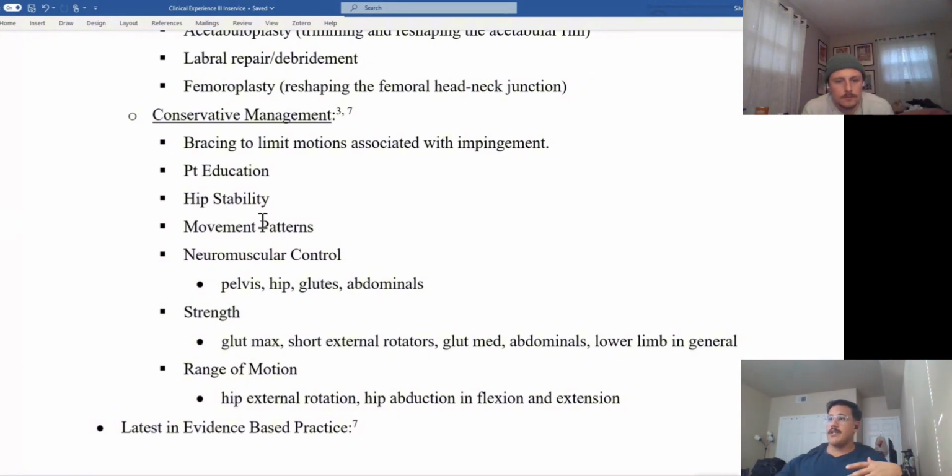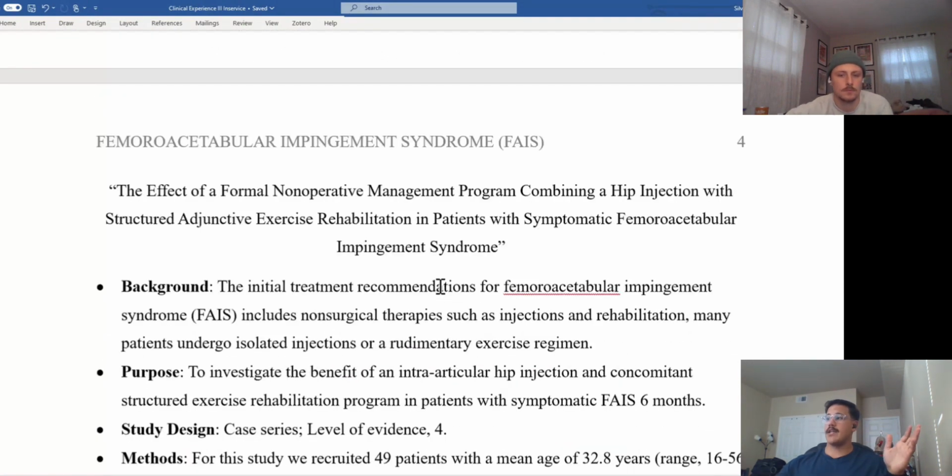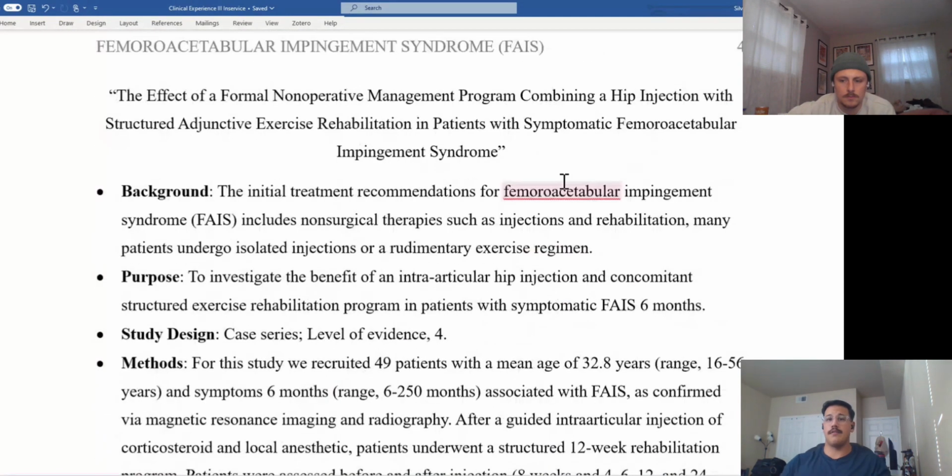So an article that I'm sharing also on top of all this: my clinic in particular does a lot of minimally invasive injection. Our doctor on site has a lot of good evidence behind using it. They do hip.